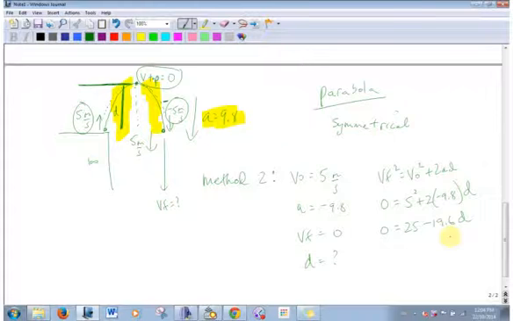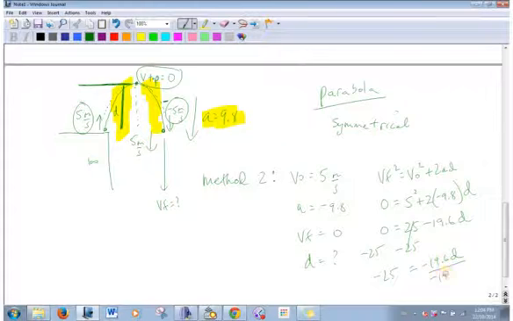Austin, what do you think? I think you should be paying attention. That's what I think. What do I want to do with 25 to get rid of it? Subtract it. Okay, minus 25 is negative 19.6 D. How do I get rid of the minus 19.6?